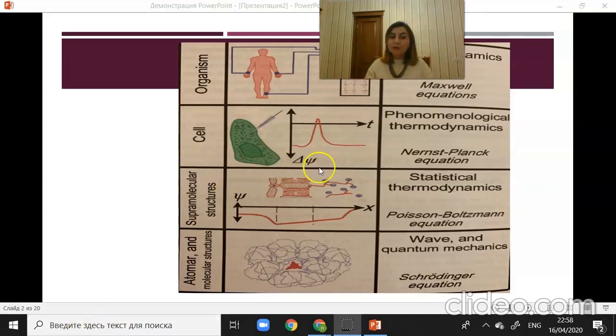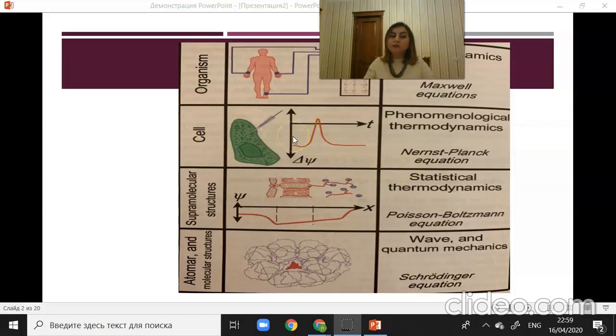And here the membrane is represented in terms of fixed charges as well as dipoles. The behavior and electric structure of this system is analyzed by statistical thermodynamics based on the Poisson-Boltzmann equation. The next stage is about cell structure, the cell organization in the hierarchic system. We took it in our last lesson, like the Nernst distribution.